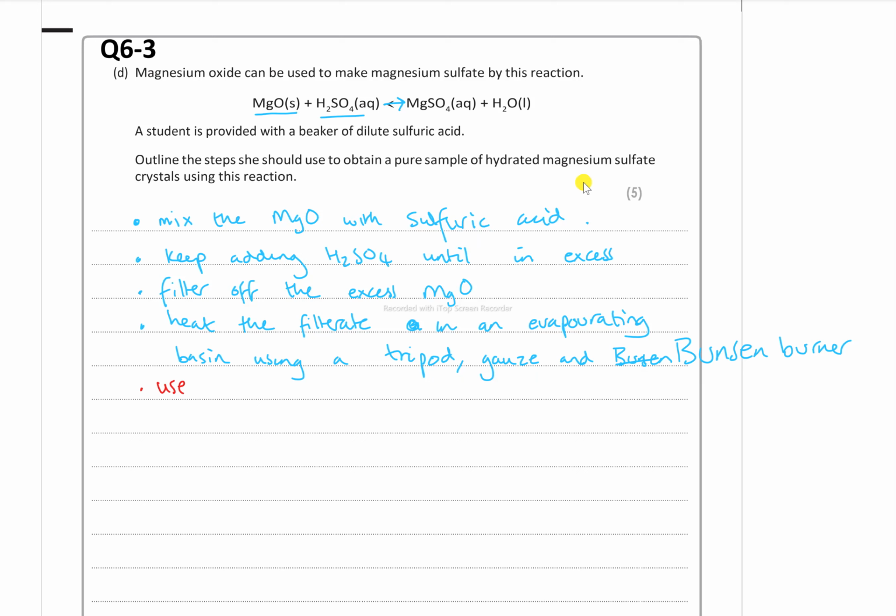Then use a glass rod to check to see if the point of crystallization has been reached.